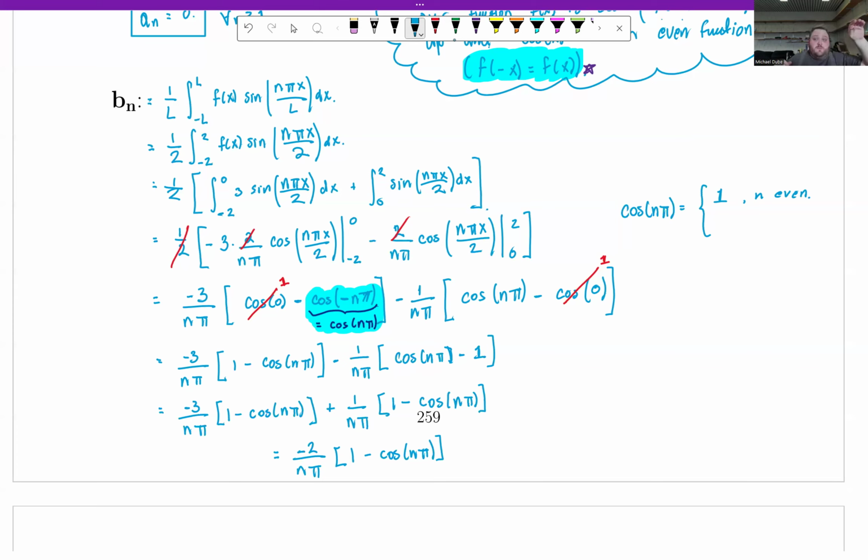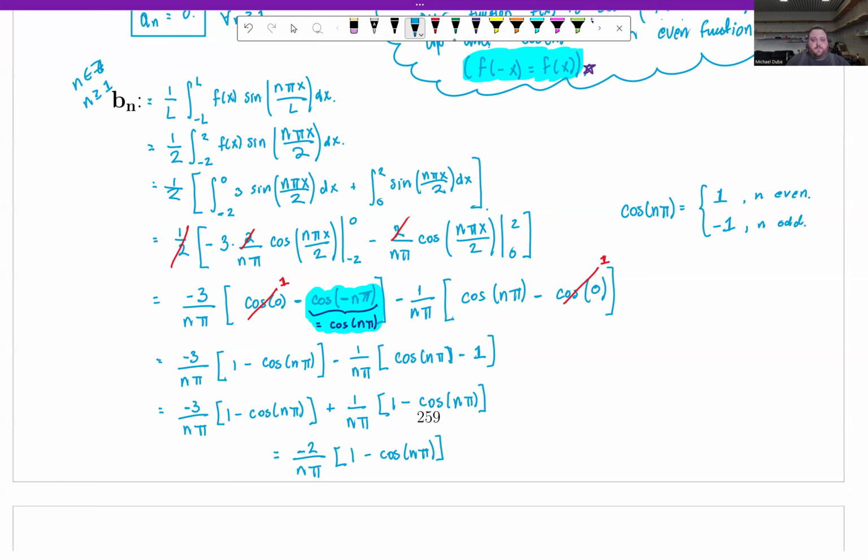Negative 2 pi, back to 1. Okay, good. Now, if we have an odd number, remember n has to be an integer. n is an element of Z, and n is greater than or equal to 1. If we have an odd number, then we only go pi. So we start at the top, we go 1 pi, and then 2 pi will be back up. So we're at negative 1. So this will be negative 1 when n is odd.